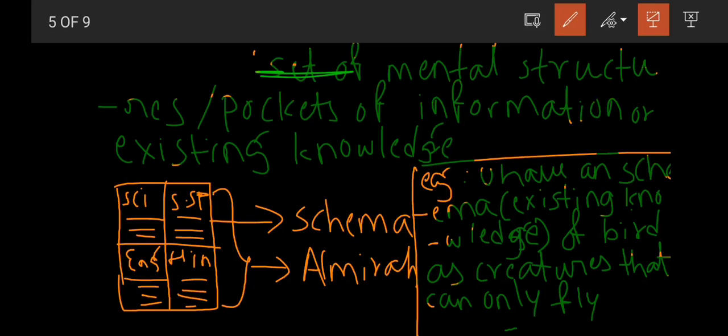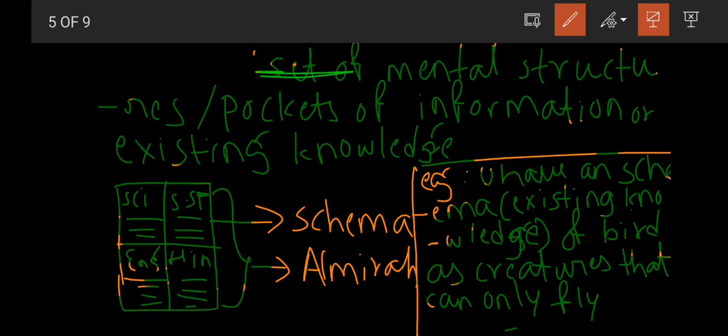For example, let us think a small child has the existing knowledge that birds can fly. So existing knowledge is what a schema is. Now, these are mental structures. In our mind, a schema is a mental structure in which information is arranged like an almirah, in different sections.